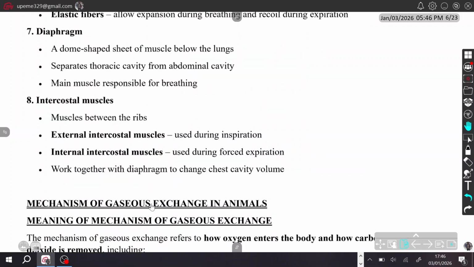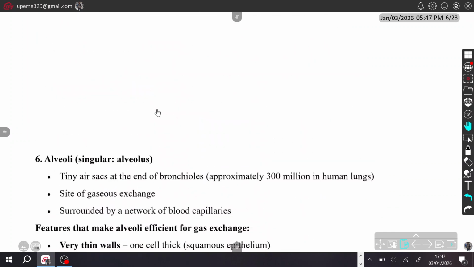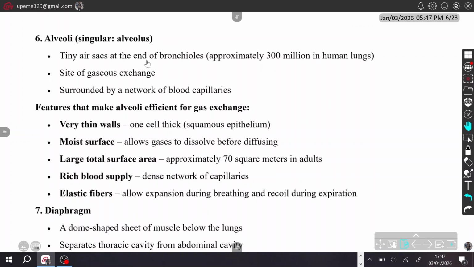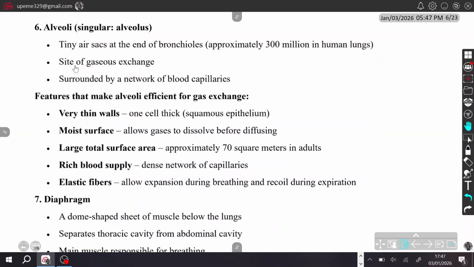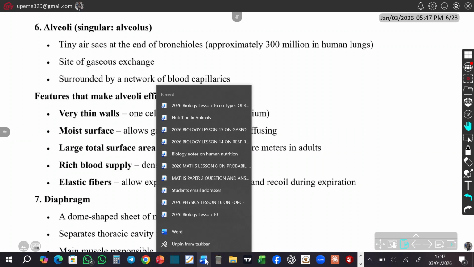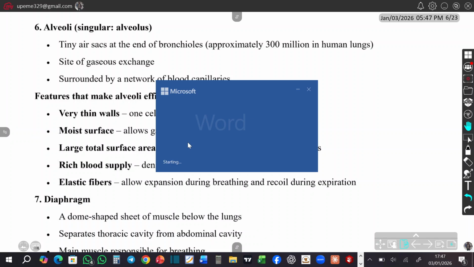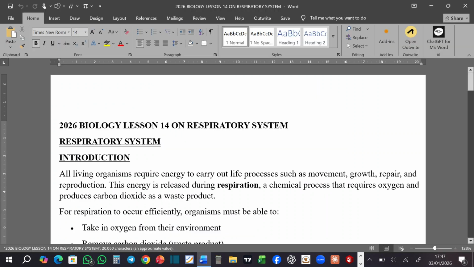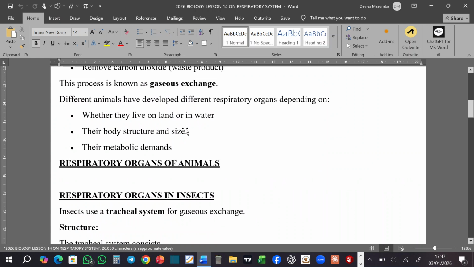now we go to the alveoli. Alveoli, which you are going to see later, these are tiny air sacs at the end of a bronch. So the tiny air sacs. So those should be the tiny air sacs. Let me see if I can extract it from here so that we discuss it in advance before in advance.